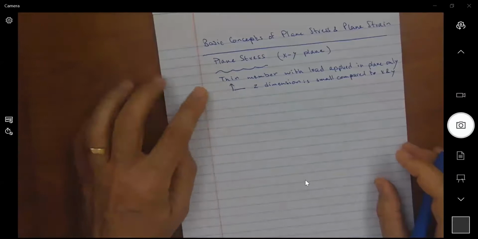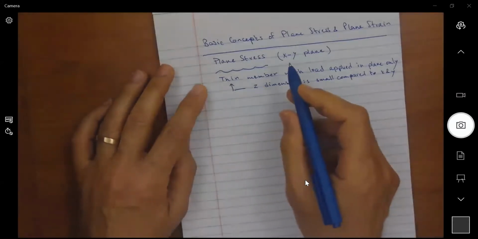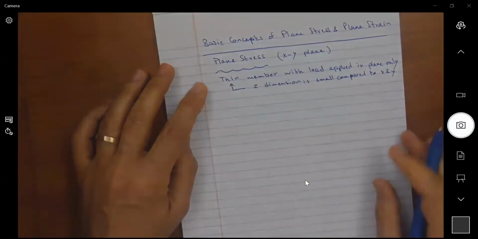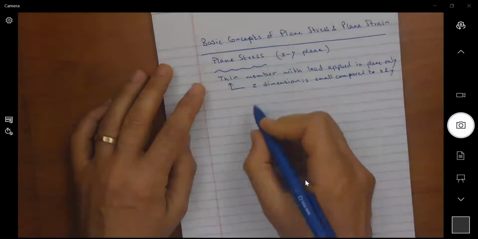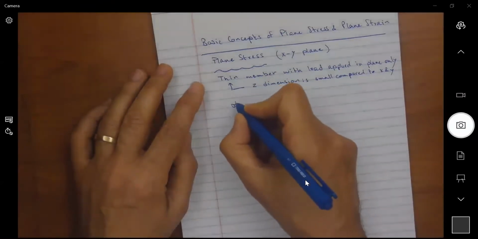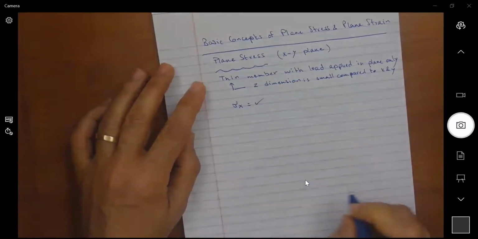For a case of plane stress, as the name implies, we're going to have stresses that are acting in the XY plane, and we're going to assume all the stresses that are related to Z are equal to 0, right? So I will have a sigma X, will have a value.